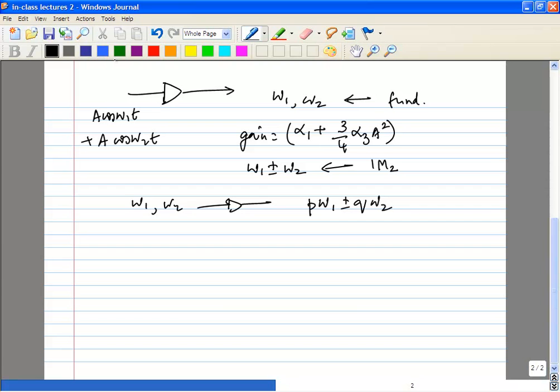If you have a very high order of nonlinearity, your p and q could also be very high. In this case, we considered a third order, so we only got p plus q. p plus q is the intermodulation order. So if you have omega 1 plus or minus omega 2, p and q are both 1, so the order is 2.